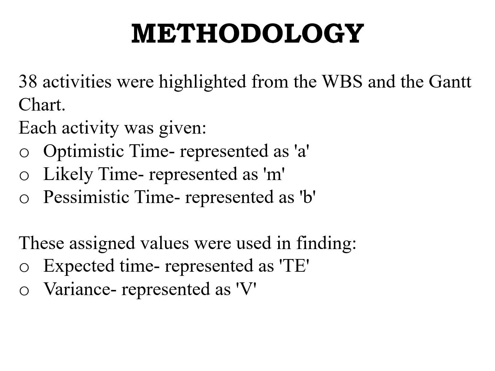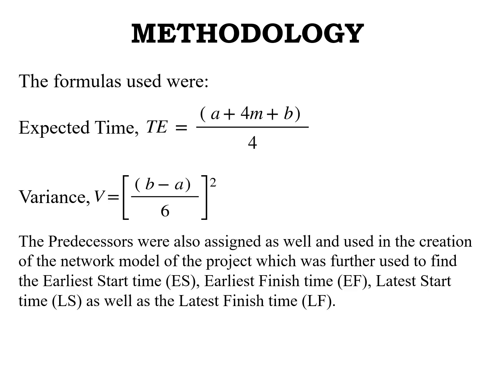We were able to calculate this using these formulas for expected time and variances. And we were also able to determine the predecessors for each activity, and this helped us to further find the earliest start time, earliest finish time, latest start time, as well as the latest finish time for each activity.